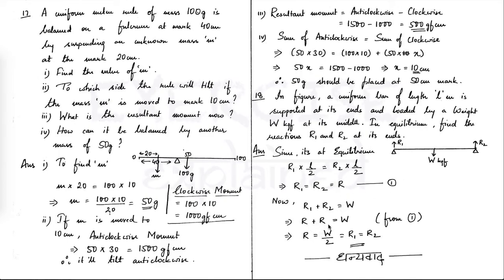So I get R plus R is equal to W, that is 2R is equal to W, or R is equal to W by 2. So R is nothing but W by 2, that is equal to R1, that is equal to R2. So the reactions are W by 2 each, since the weight was exactly at the center.